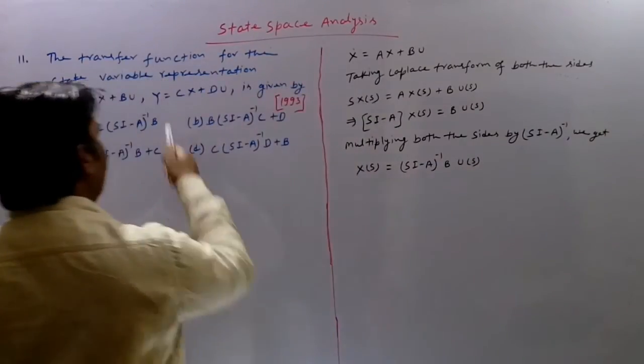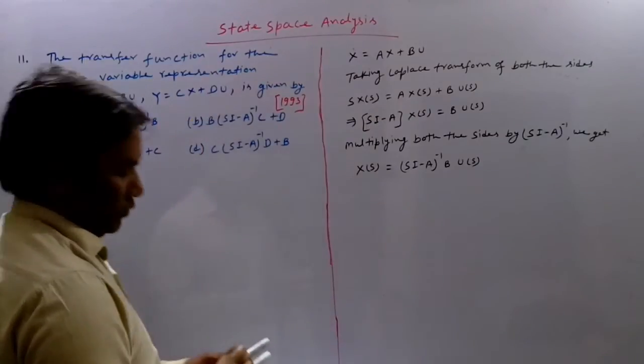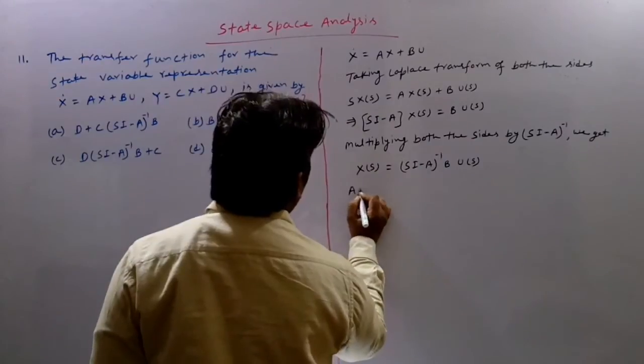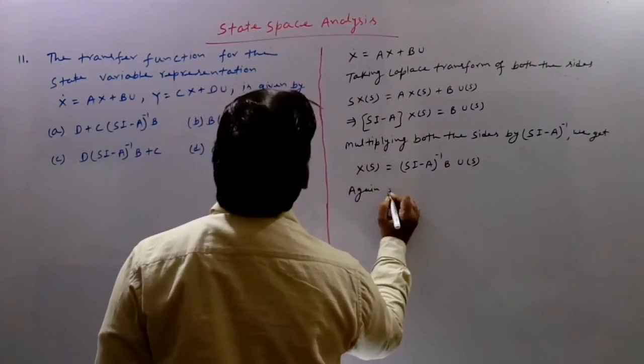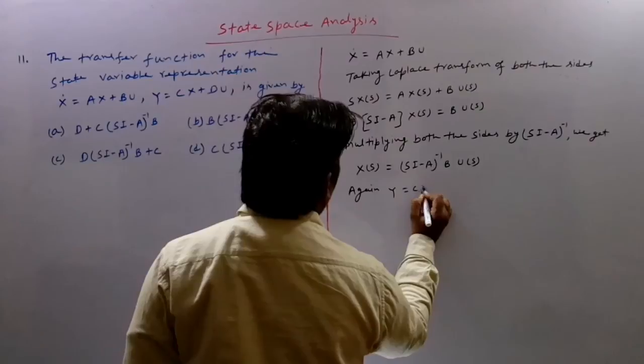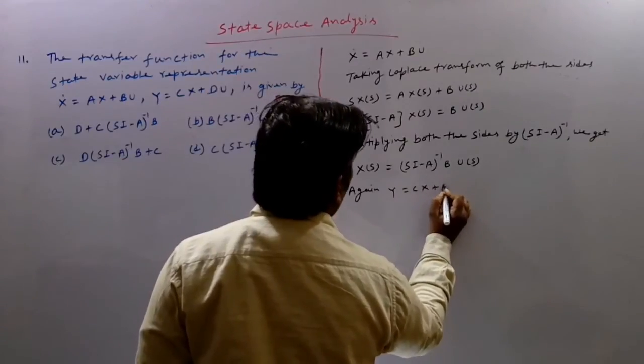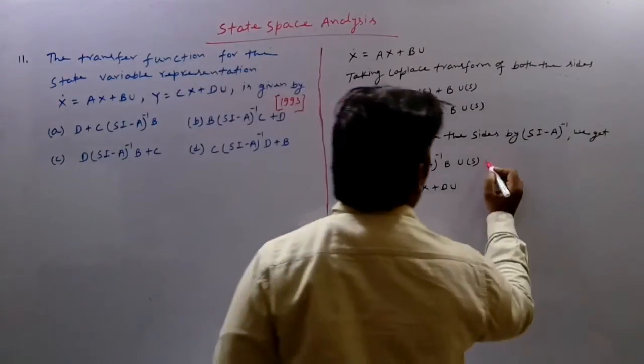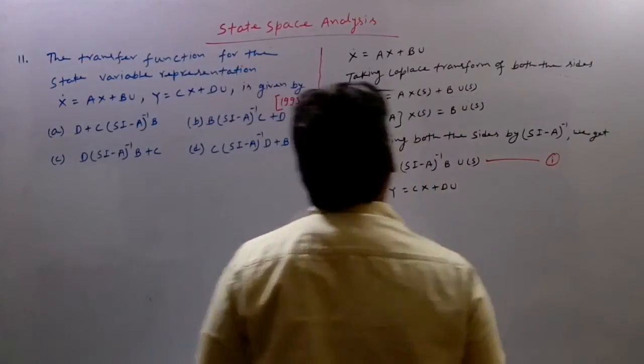Now again it is given that y equal to Cx plus Du. So this is equation number 1, you can say.